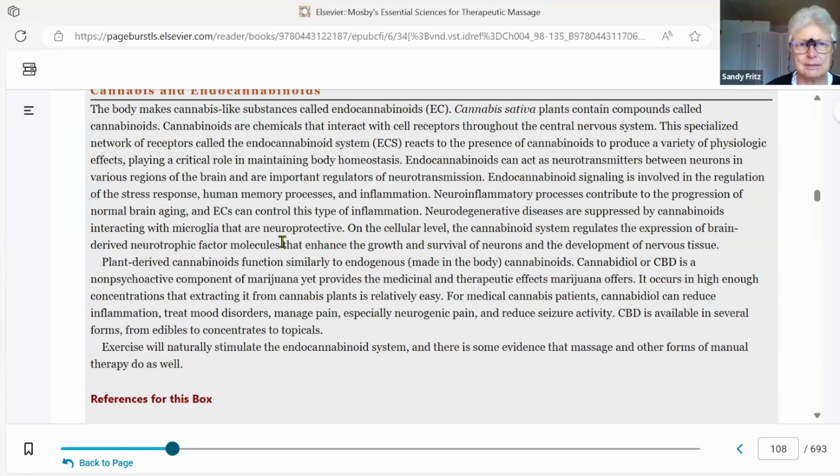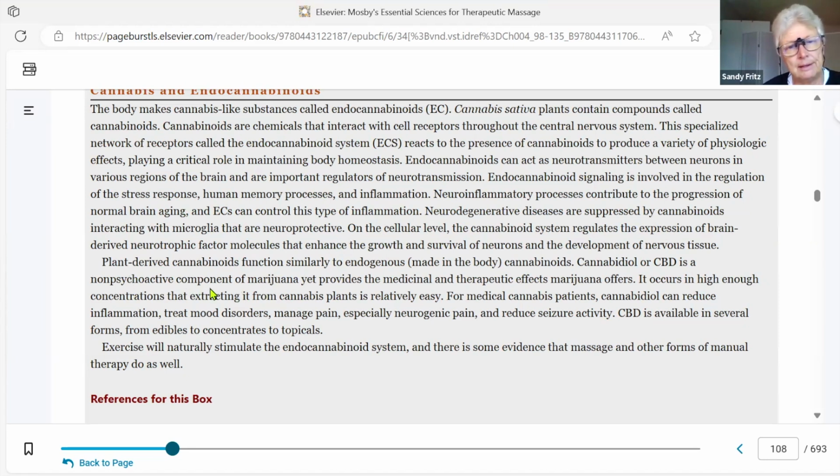The chemicals in the cannabis and then our own internal cannabinoids, I can't say it. They are an exciting phase of us understanding how massage has benefit.